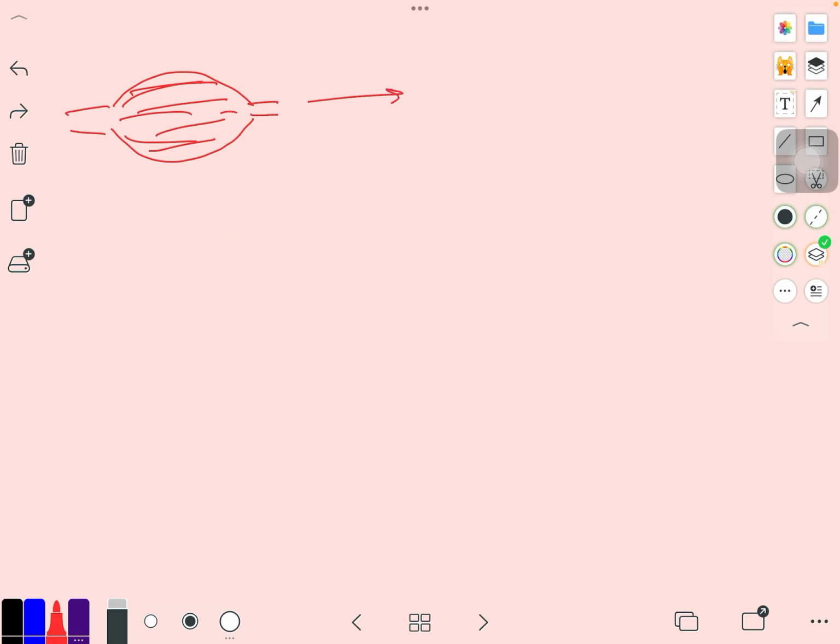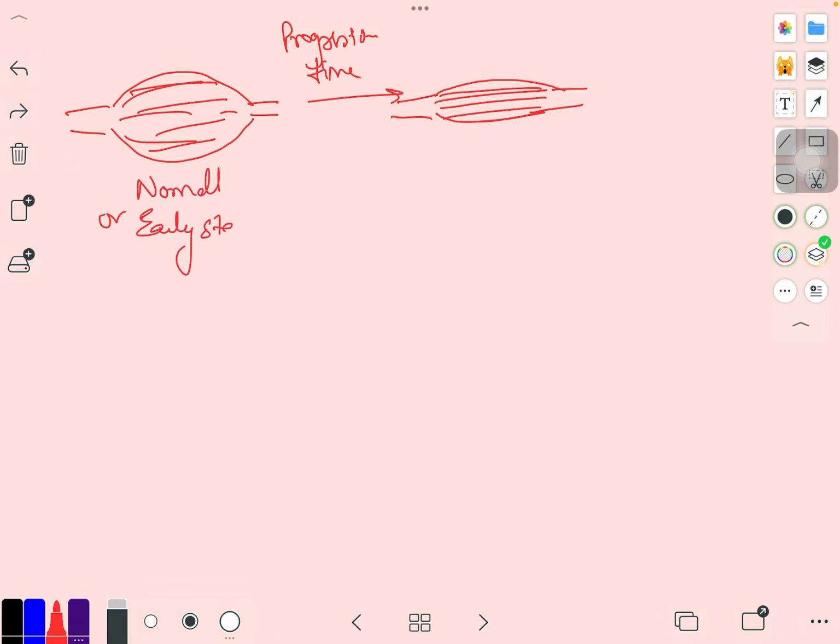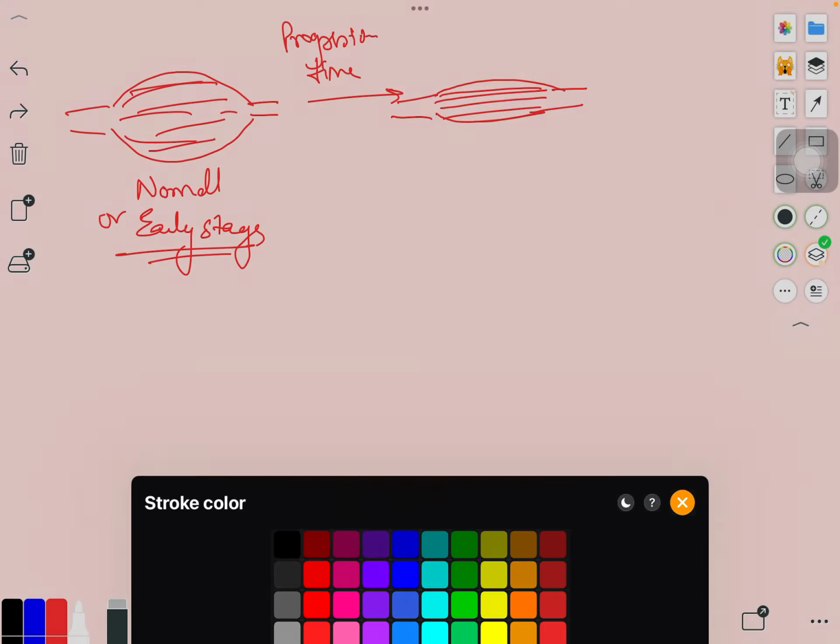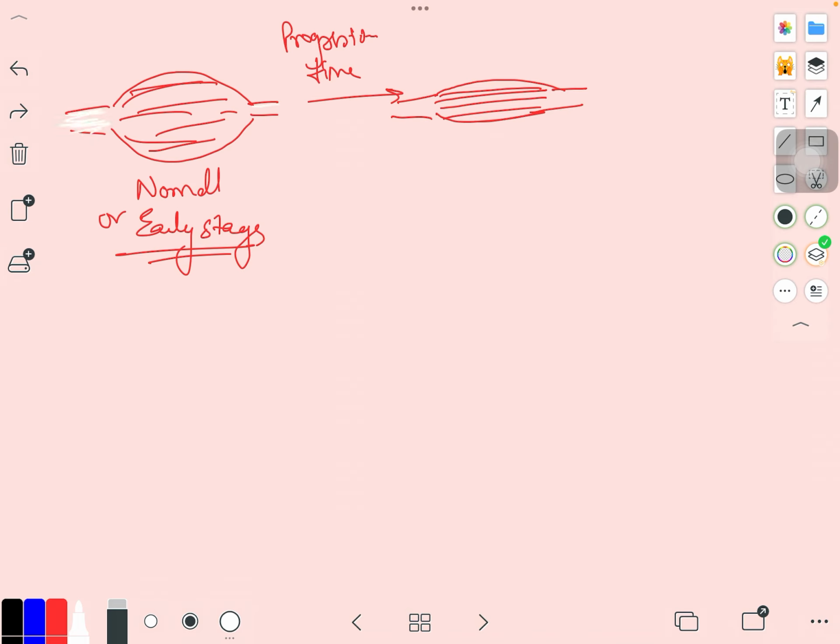In this case, the overall size, or we can say overall muscle bulk, is greatly reduced with time and progression. In normal or early stages, the muscle fibers keep on getting smaller and smaller, and there is tonicity increasing in size.